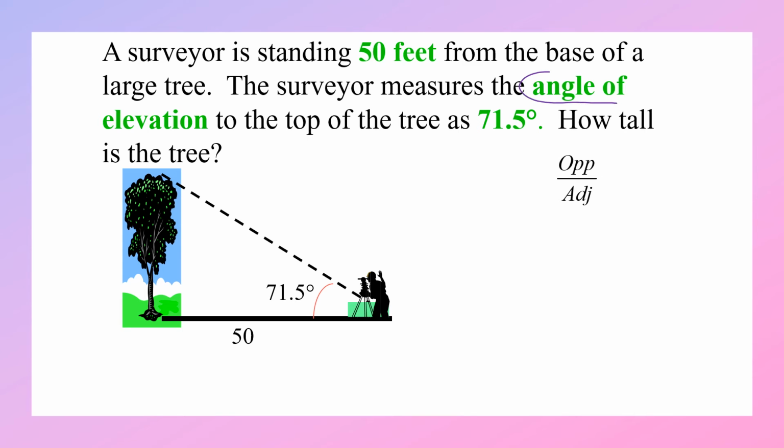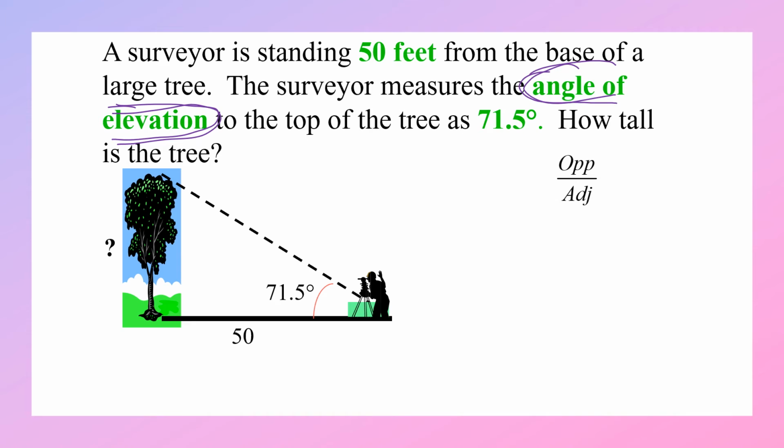Now this angle of elevation we are going to learn next week. So for these types of problems, we would obviously tell you what the angle of elevation or the angle of depression is. But on Monday and next week, we will learn more about what these are and how to put them on a diagram if you had to make it. So we are looking for the top, or how tall the tree is.